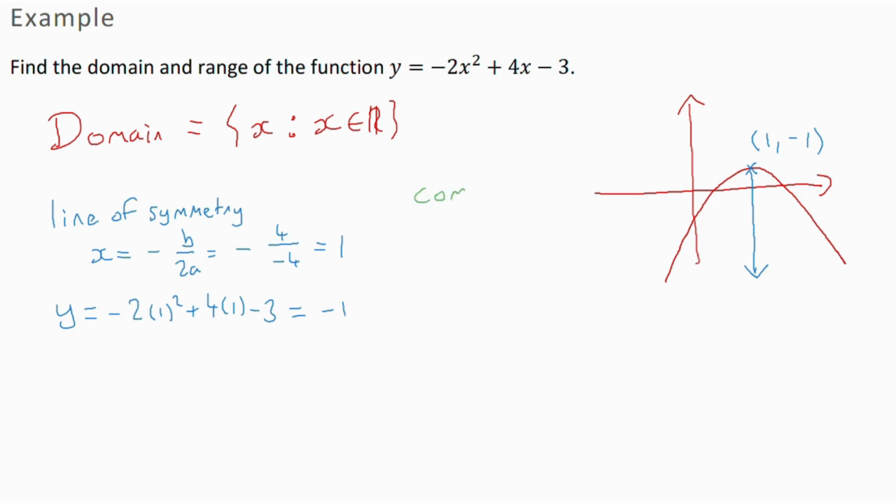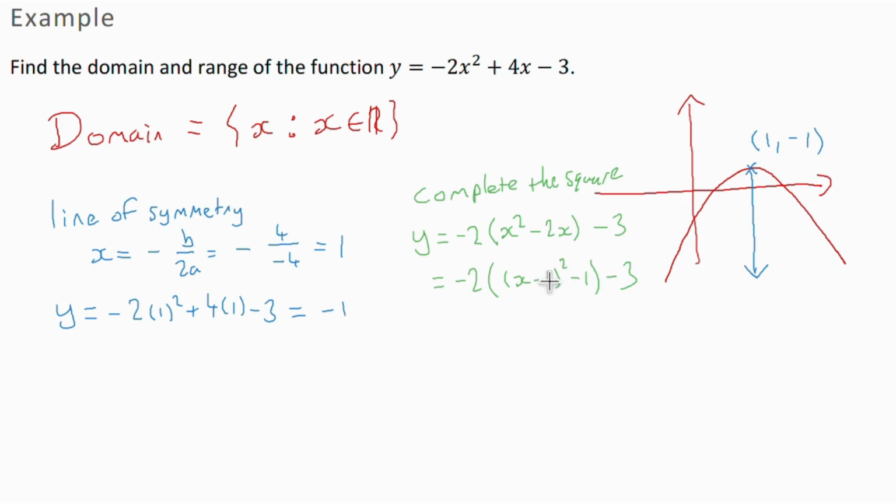Alternatively, we could have completed the square to find it in vertex form. To do that, we would start off by factoring out that minus 2: minus 2, x squared minus 2x minus 3. Now we do the square part, which is going to be x minus 1 squared minus 1.